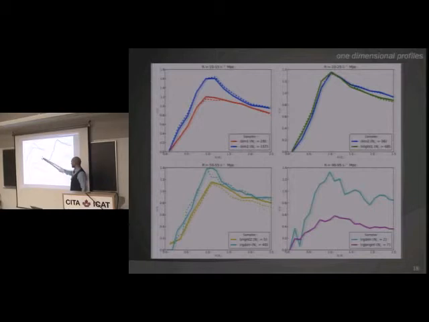For each of these I've taken tens to hundreds of voids in each particular sample and stacked them on top of each other to get a smooth profile. And here, the different colored lines come from different samples, so a low redshift sample and a higher redshift sample. The solid lines are all voids, including ones near the edge, and the dotted lines are central voids.